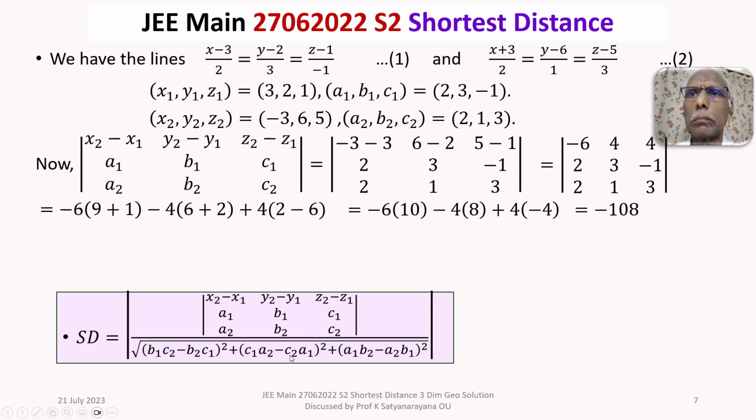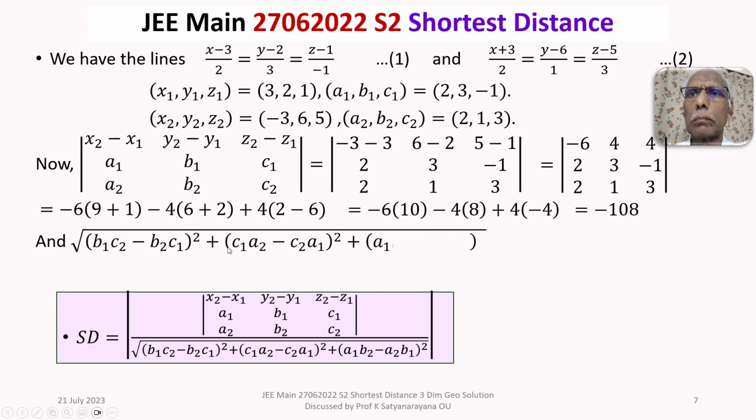Now next, the denominator. The denominator is the square root of (b1 c2 minus b2 c1) whole square plus (c1 a2 minus c2 a1) whole square plus (a1 b2 minus a2 b1) whole square.